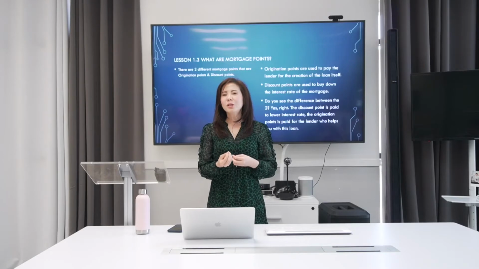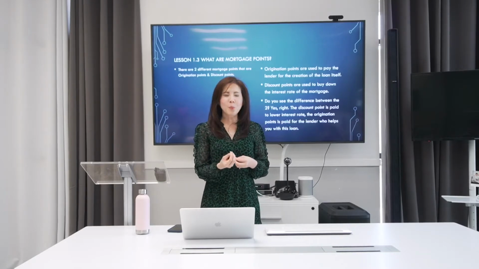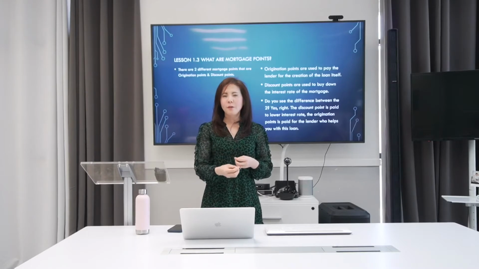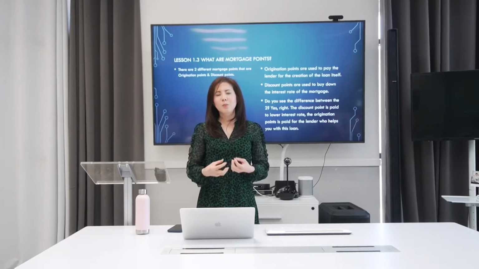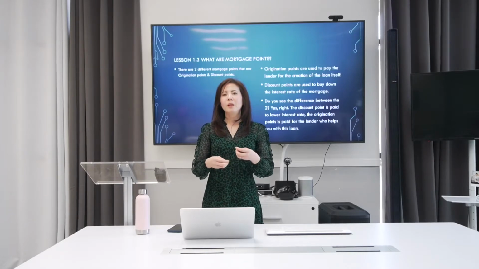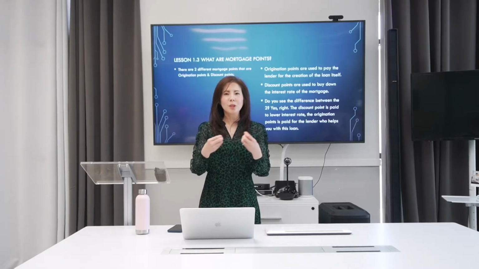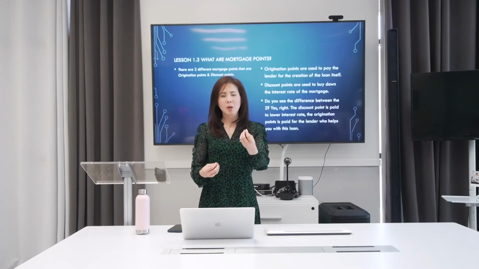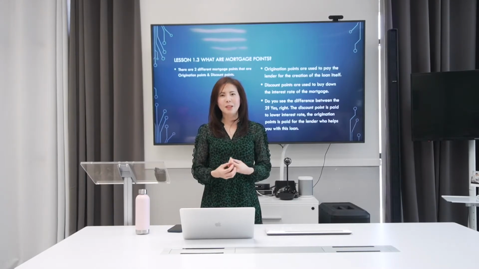So origination fee or origination points are points that are paid to the lender for creating the mortgage. So basically, the lender or the mortgage broker gets commission by the origination points or fee, right?